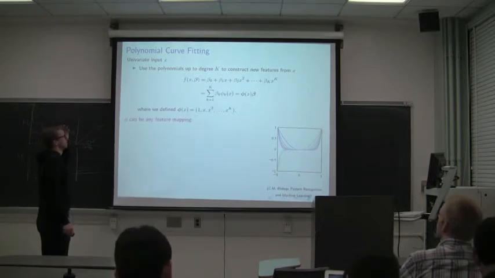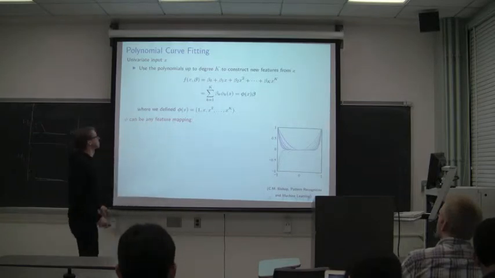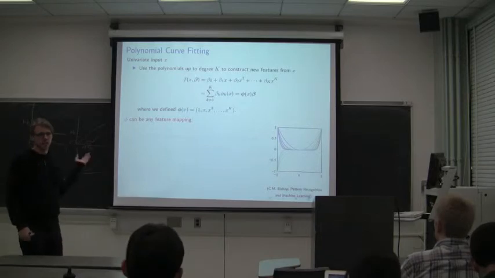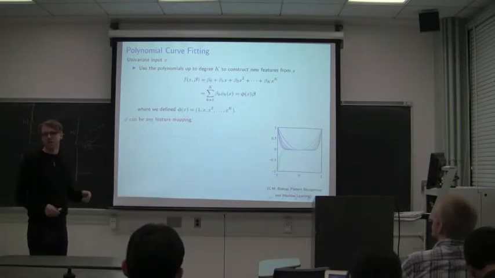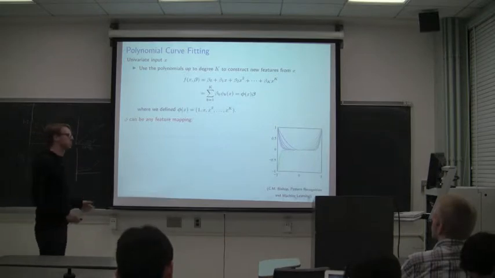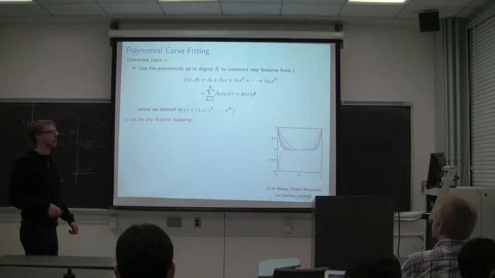But in principle, we're not just restricted to polynomials. We can use whatever function that is interesting. It's also, again, prior knowledge. If you think your data can be described well by a polynomial, use a polynomial. If there's something else going on, use something else.